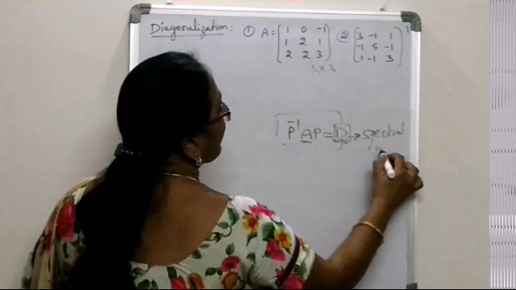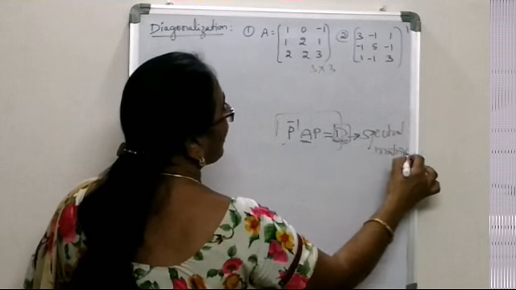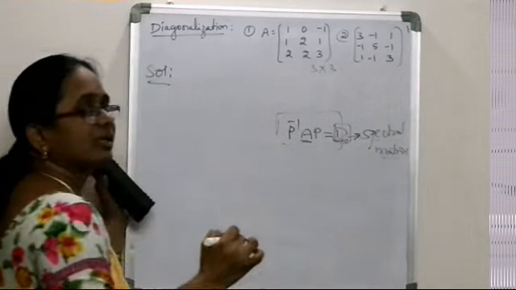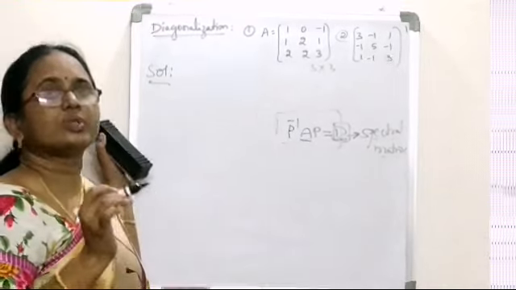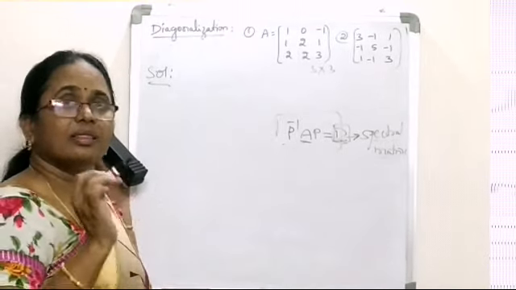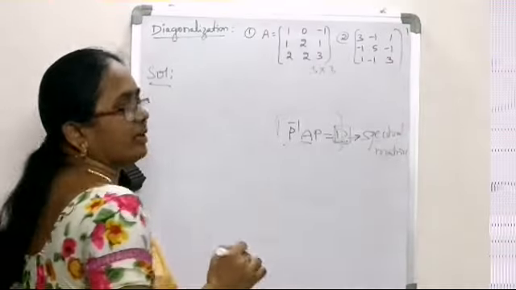So remember, the right hand side diagonal matrix is called the spectral matrix. It is a diagonal matrix whose diagonal elements are always the eigenvalues of the given square matrix.